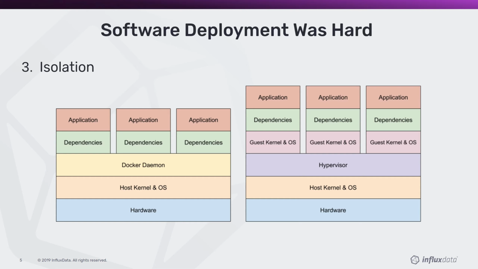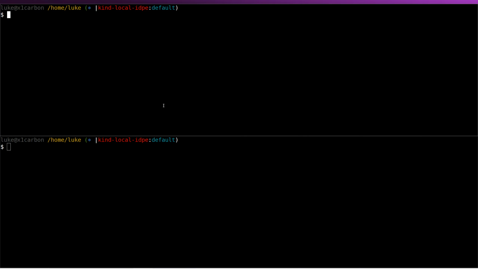Okay, so let's look at a few examples of this at work. So I'm going to run here an Nginx container. I'm going to call it nginx, and I'm going to launch the process bash inside it. So this will give me a bash shell.